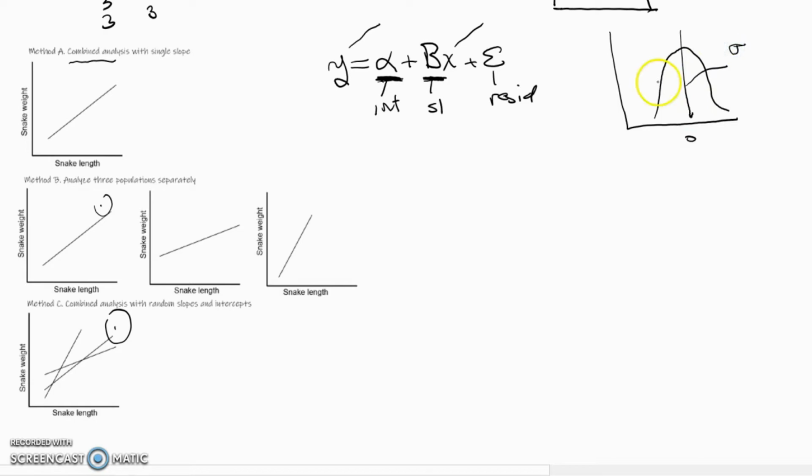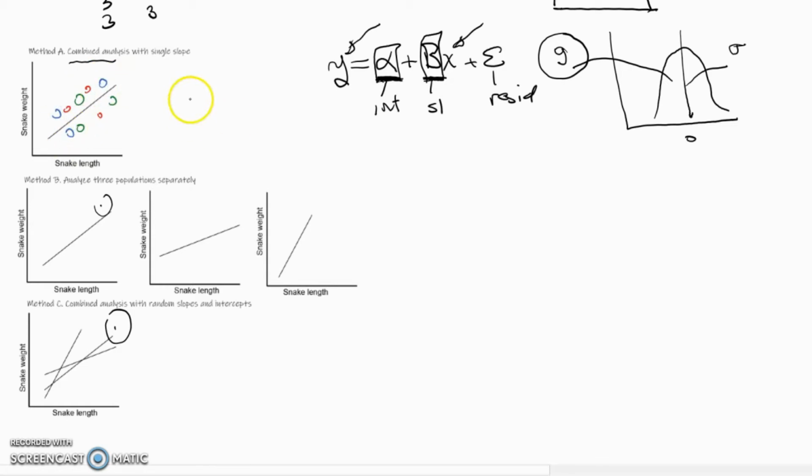And then what I would do is I would draw 9 observations. And I would do that by getting 9 residuals. For those 9 different individual snakes, I would put in the value of x. I get the value of y based on some common value of alpha and beta. So there would be population 1, and there would be population 2, and there would be population 3.